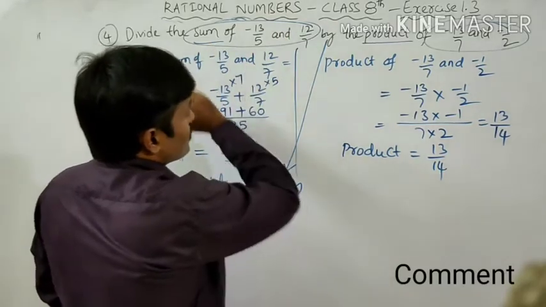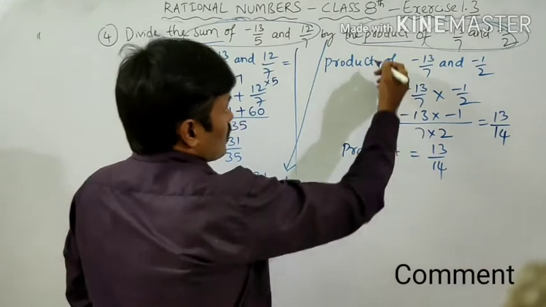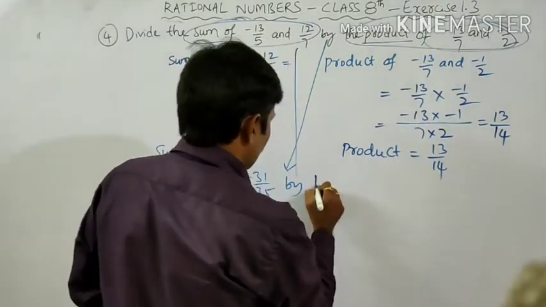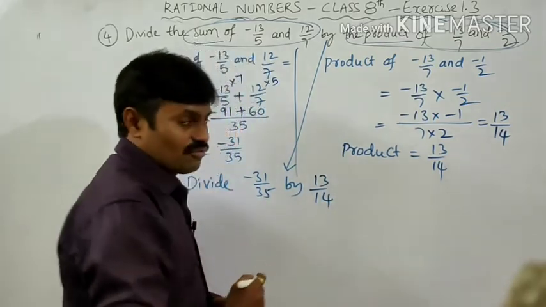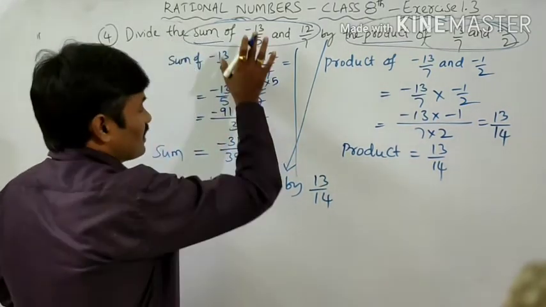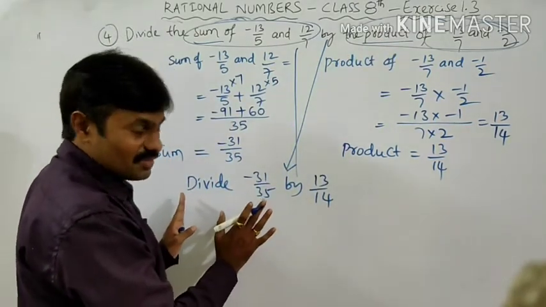We have completed this task and this one also. What is the product of minus 13 by 7 and minus 1 by 2? That is 13 by 14. Is it clear? So now I have written the statement like this.